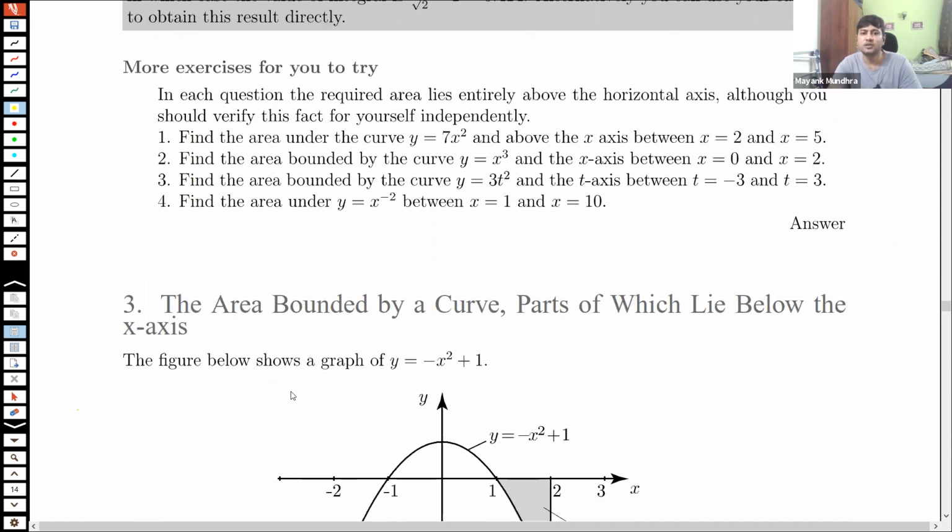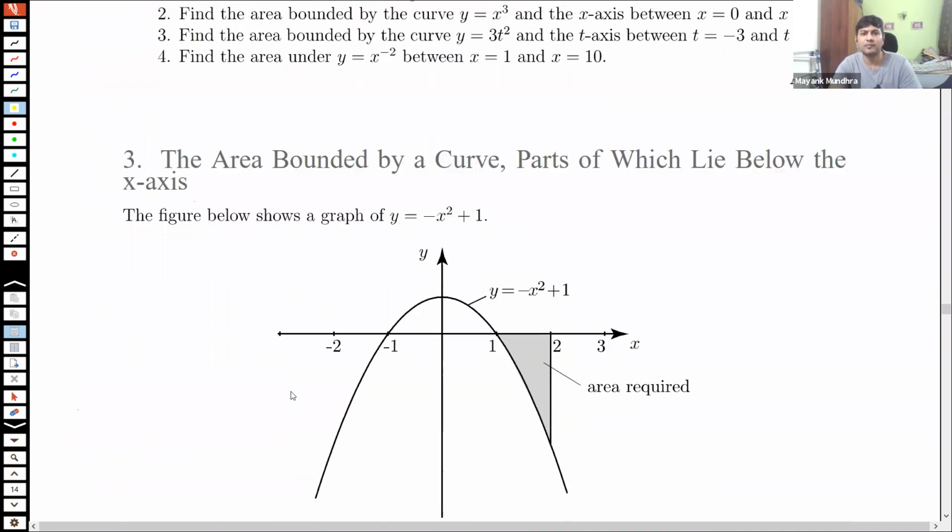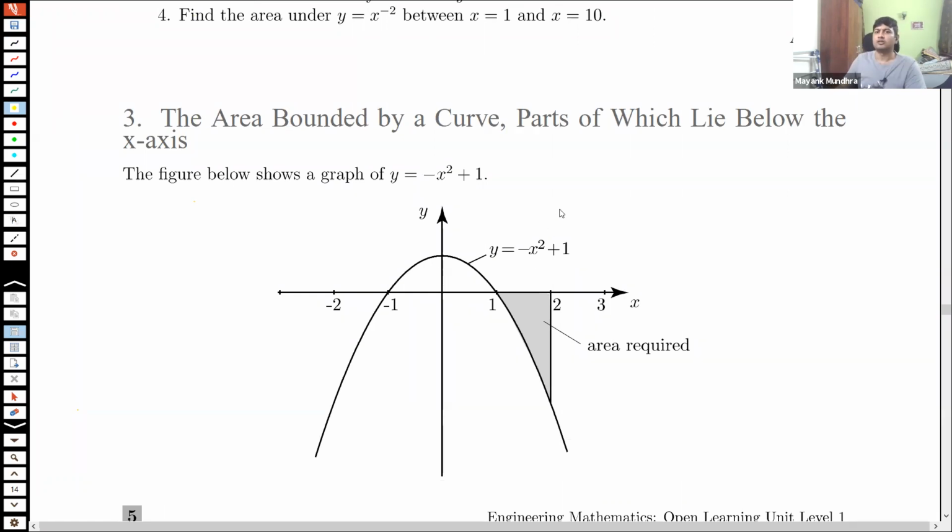So then there are a bunch of other problems related to this. Parts which lie below the curve, the x-axis. So now this is the case when you have parts of a curve lying below the x-axis. Suppose you want to find the bounded area here, which is absolutely below the x-axis for this function f of x.